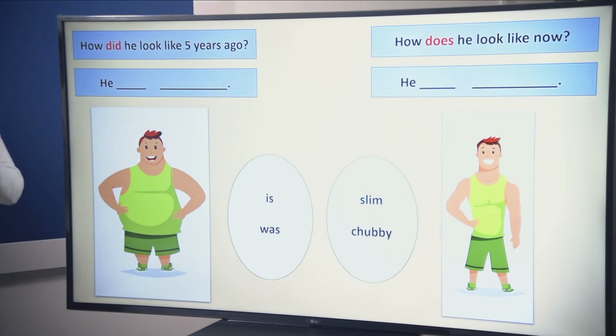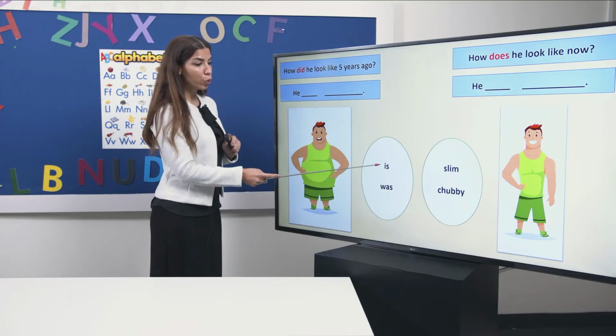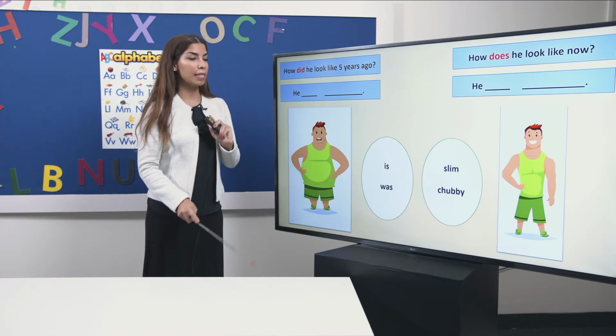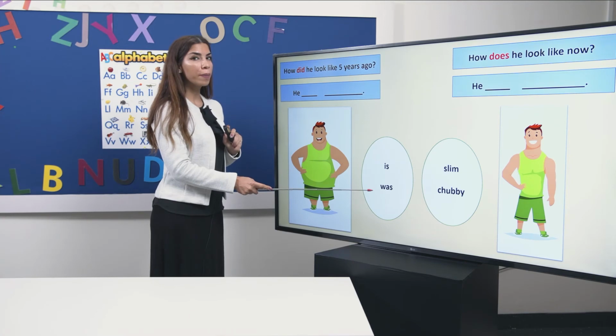Let's start step by step. He. In the past, do I use is or was? What do you think? What did we say before? Which word do we use to describe someone in the past? Is or was?